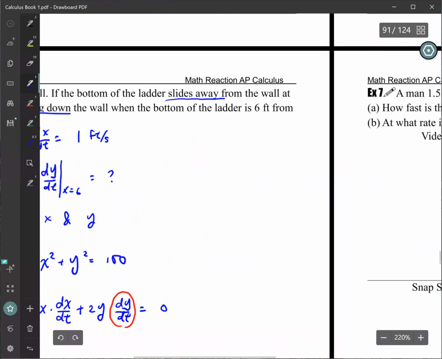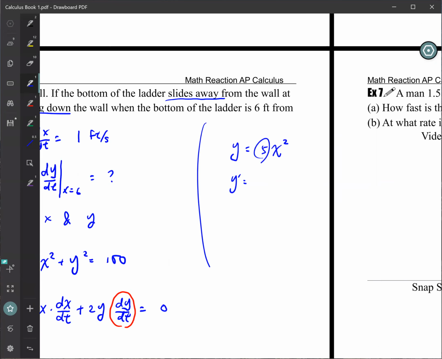Think about this one. Look at the example on the side. You don't need to copy this. If I have y equal to 5x squared, how do you prime this? 10x. Yeah, so the 5 stays, multiplied with the 2 times x, because the 5 is multiplying with the function x squared.